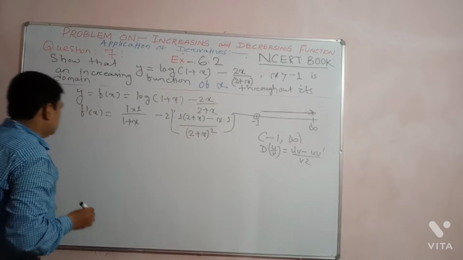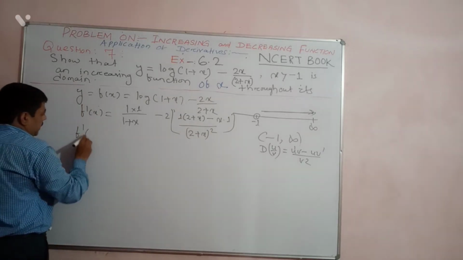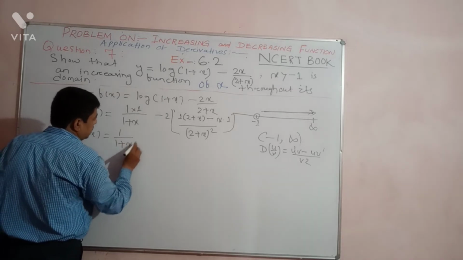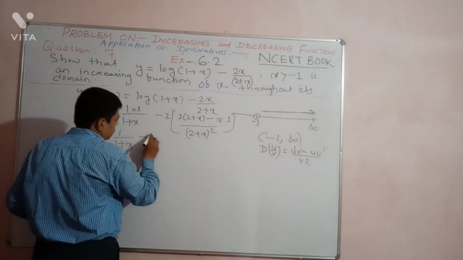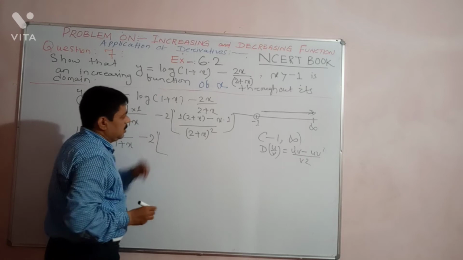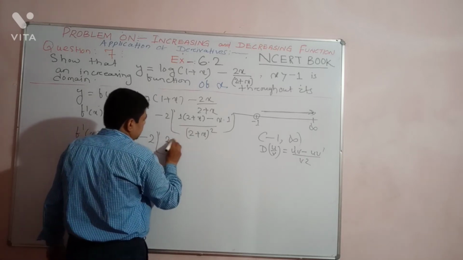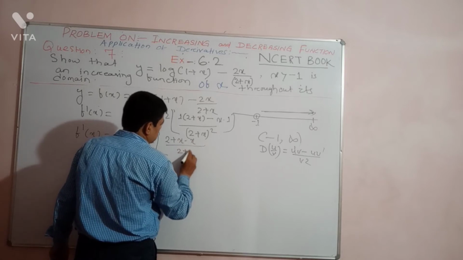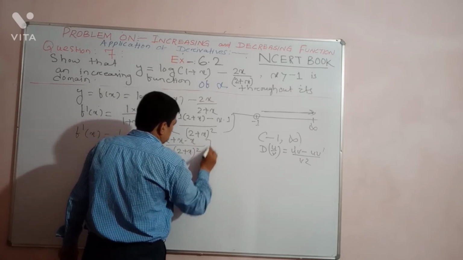Understand? Okay. So f dash x is equal to 1 divided by 1 plus x minus, let us simplify here, 2 plus x minus x divided by 2 plus x whole square. Understand?